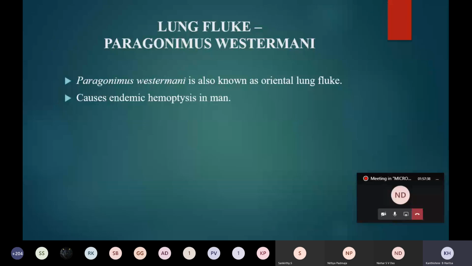Now coming to lung fluke, that is Paragonimus westermanni. The habitat of Paragonimus westermanni is the lung. It is also known as oriental lung fluke. It causes endemic hemoptysis in man.